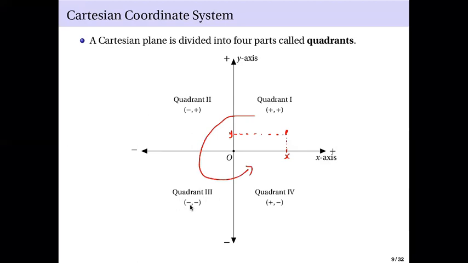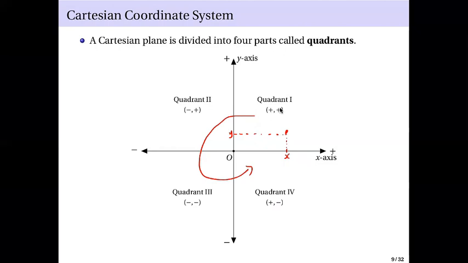Quadrant 3 has negative values for both x and y, because a point in here is to the left of O for the x and below O for the y. And then this one is quadrant 4, where the x value is positive and the y value is negative.